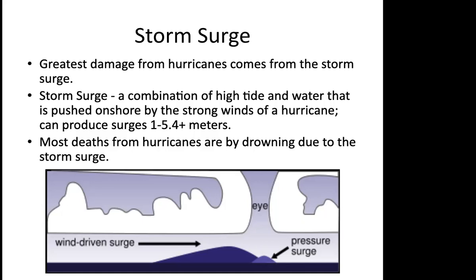And in a low tide, that means the water is going to be farther away from you, right? Okay? So when we're talking about high tide and water, high tide's already closer to us, to the land, and then it rushes in, okay? So most deaths from hurricanes are by drowning due to the actual storm surge.